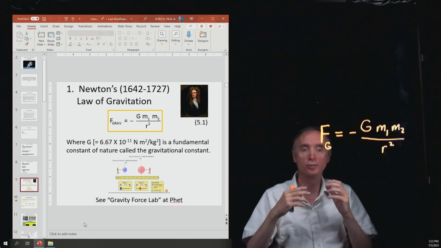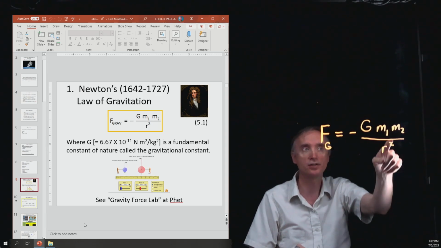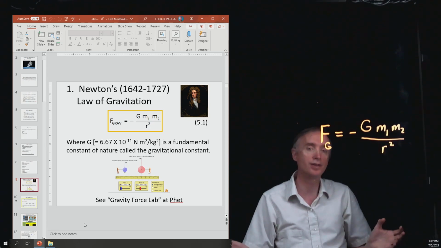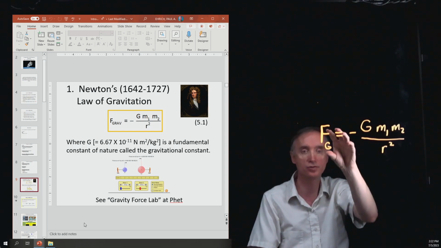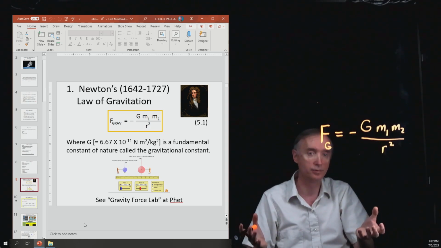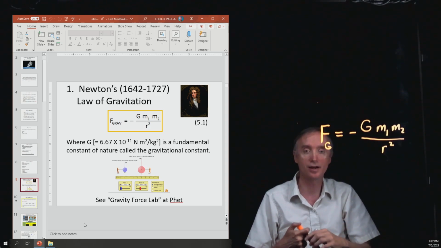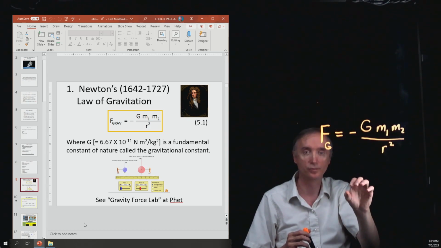Okay, you don't normally notice it because the Earth has such a large mass that it drowns out everything else. And so we normally only talk about the force of gravity of the Earth pulling on everything. But just remember that every object in the entire universe is pulling on every other object in the entire universe according to this law.